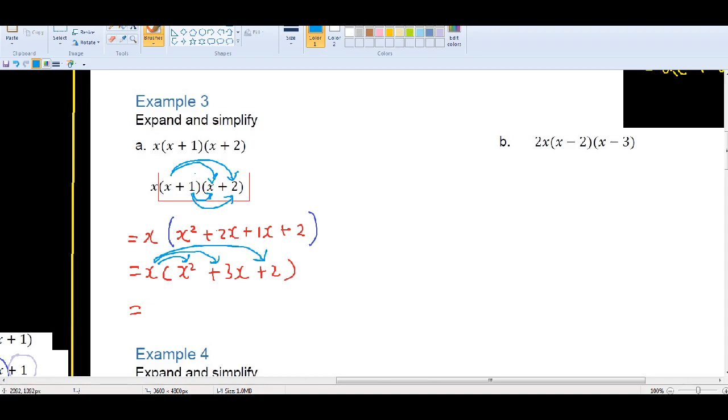You just distribute that x to the terms inside. x times the first term, x times x squared, x times 3x, and x times 2. x times x squared becomes x cubed. x times 3x becomes 3x squared, plus 2x. That will do it. All good.